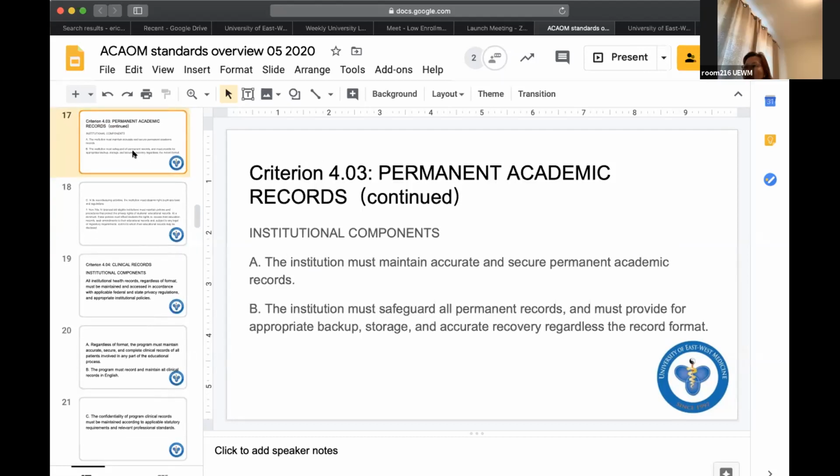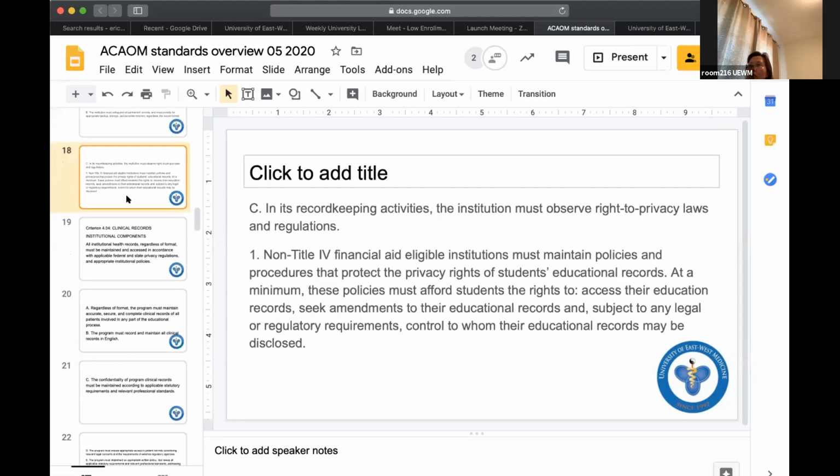So this is all about how our institution must safeguard all permanent records. We have a record room that has all the records locked inside. Only authorized persons should go inside. Number 18, please, thank you.